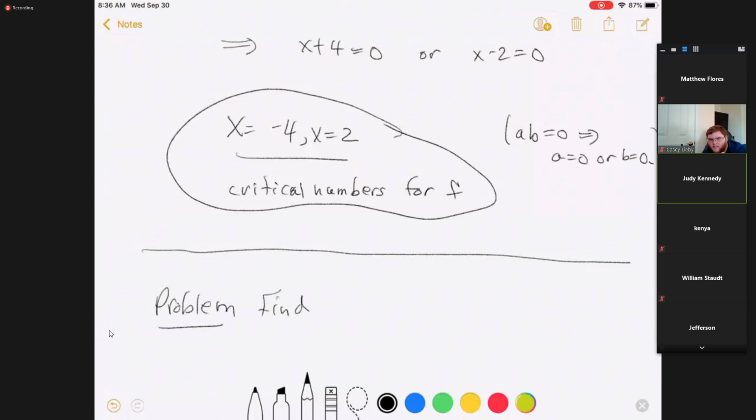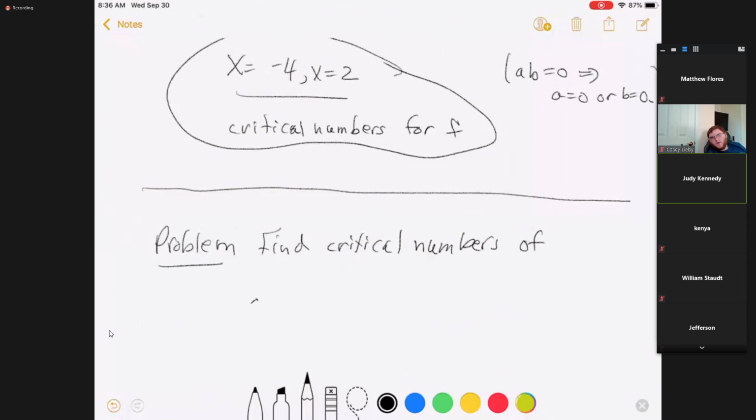Find the critical numbers of G of t equal to 5 t to the 2/3 plus t to the 5/3.